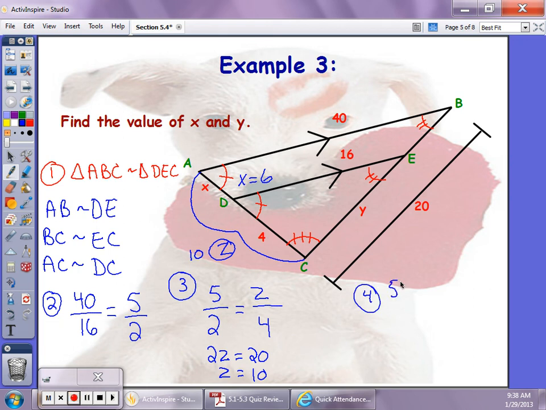Using the same scale factor of 5 to 2, if I look at the length of y, that segment CB or BC, and we know that BC is similar to EC, so when I set up my proportion, I'm going to put 20 over y, and then we're going to cross multiply, so 5y equals 40, which means that the length of y, or the length of CE, is 8. So the length of CE is 8.